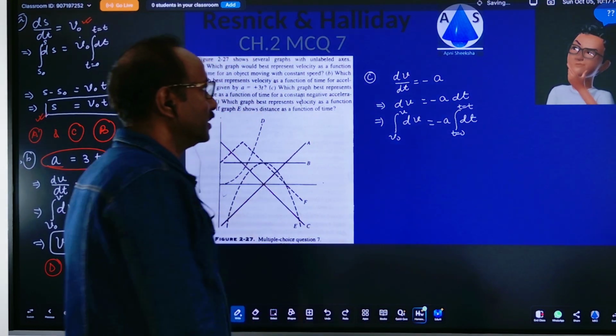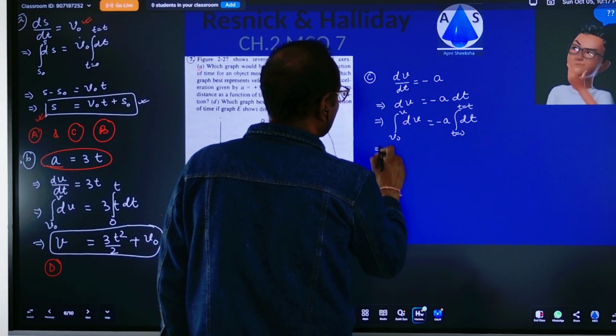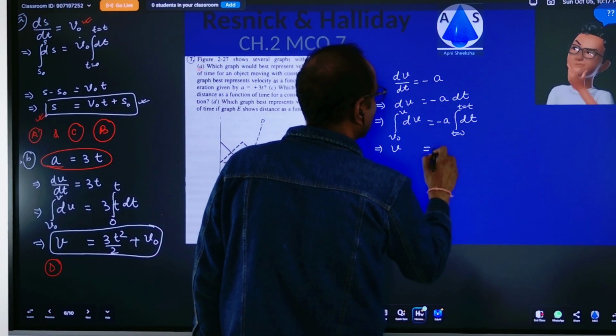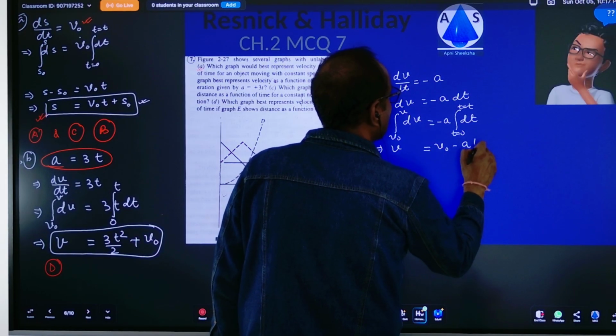So you will reach this equation. So this will give you the output of V is equal to V naught minus AT.